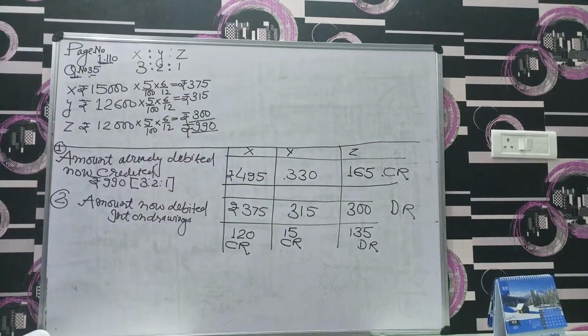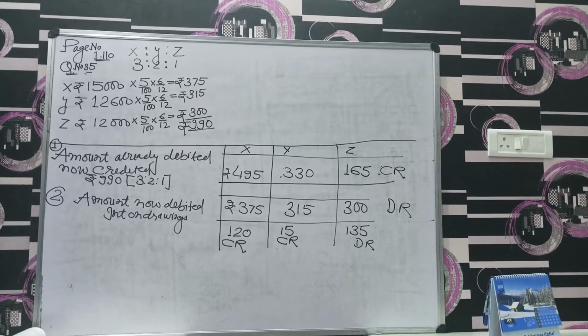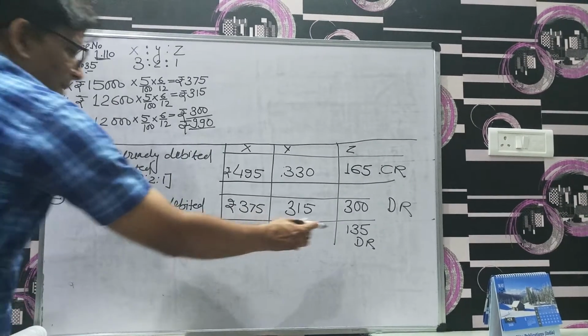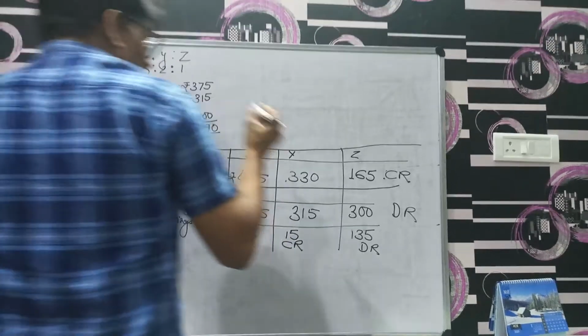Clear? Now we have to do the rectified entry. Each and everything is clear. So what is the entry?